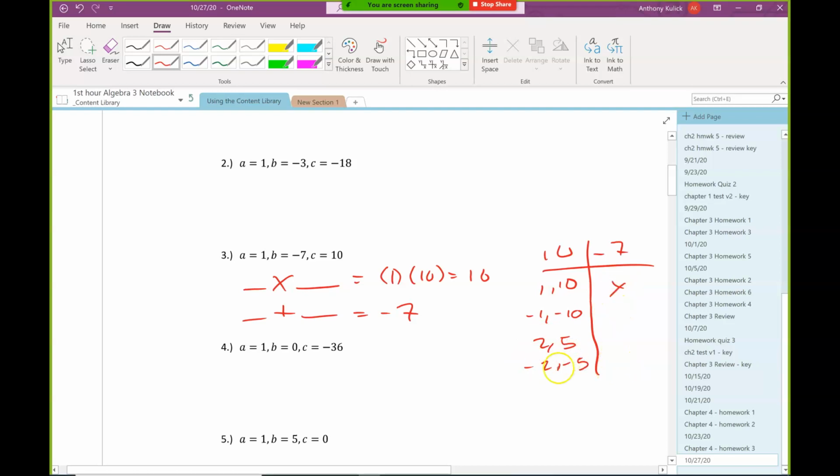Then 3 doesn't go into 10, 4 doesn't either, 5 does, but we already have 5 on our list, so that's it. That adds to 11, negative 11, 7, negative 7. Those are the two numbers that we needed. Paradise, are you good with that? Yes, thank you. Of course.